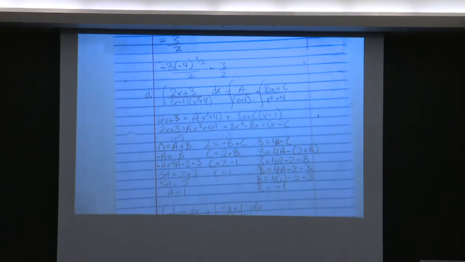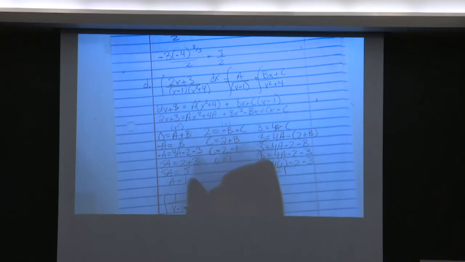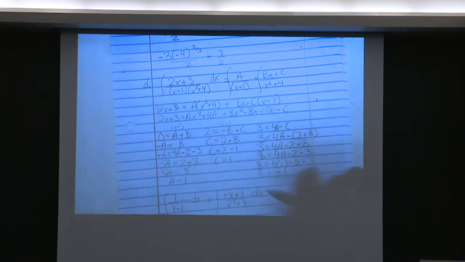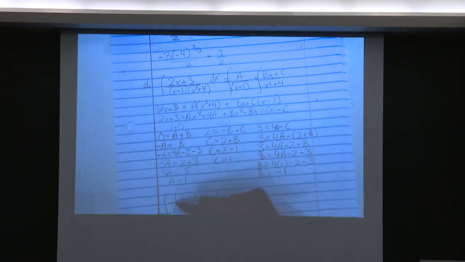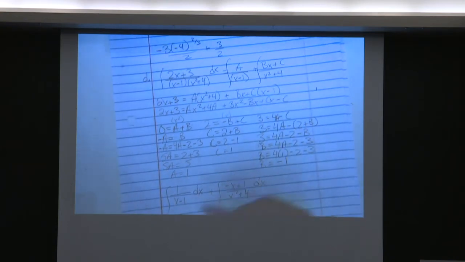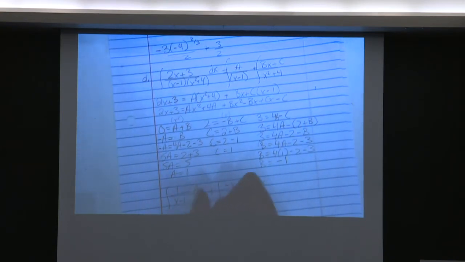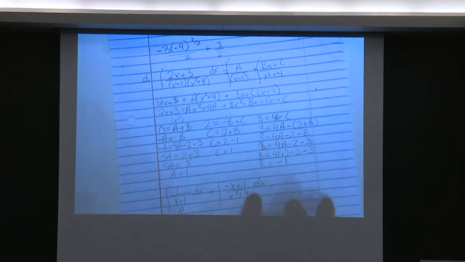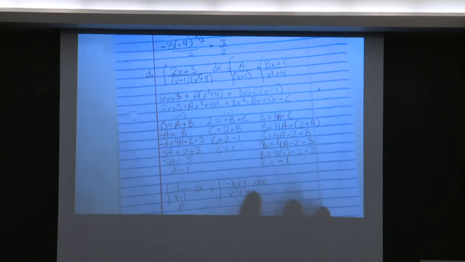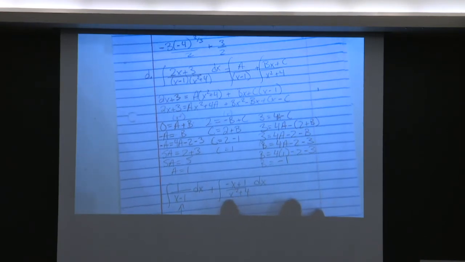Now I have to go through and take the integral of these. It's like a never-ending problem, honestly, but it's okay. I know my integral of this, if I do use substitution, I have dx, so really it's just the ln of x minus 1 for that. This one, a little bit different, because if you take the derivative, you get 2x.